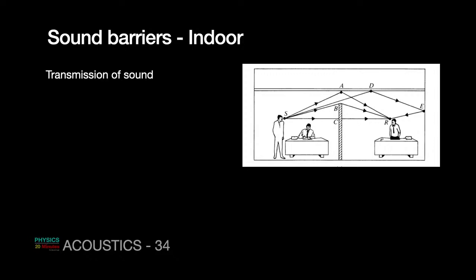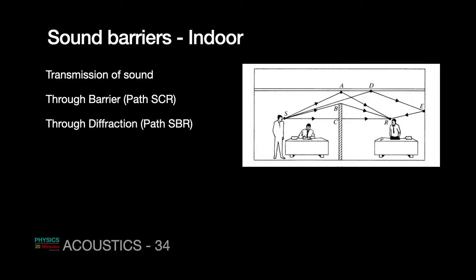Now the transmission of sound can happen through the barrier. So this is the straight line path. It will get through the barrier, be transmitted and come here. Then the sound can travel through diffraction. If it is around the edges, then it may bend and again reach the receiver.